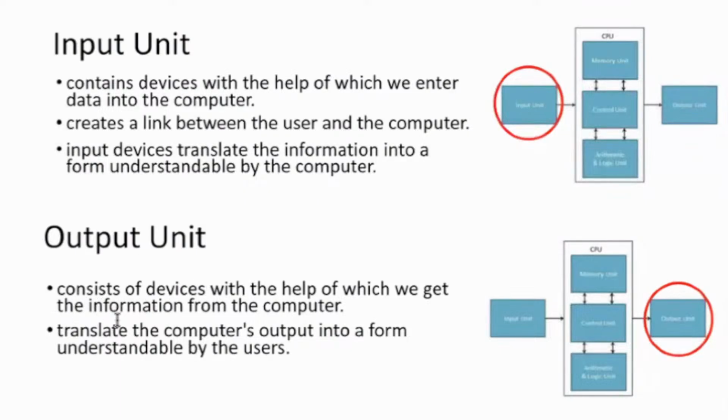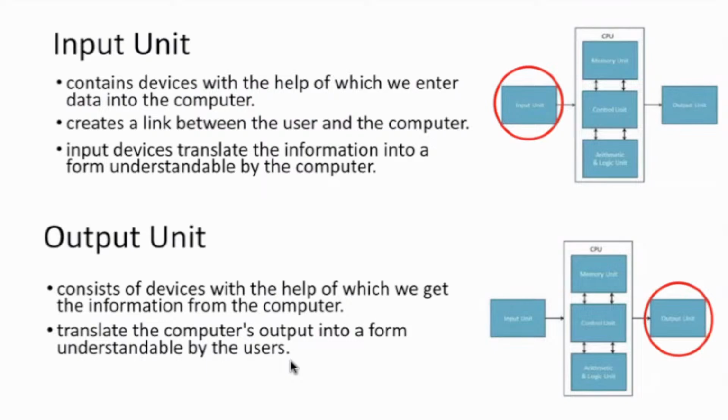So the output unit consists of devices with the help of which we get the information from the computers. That means we can get the output using output devices like pen drive, CD drive, floppy disk, likewise. Then translate the computer's output into a form understandable by the user.